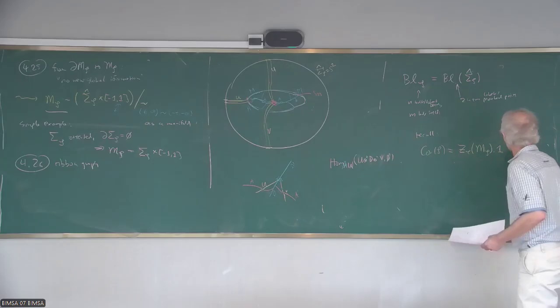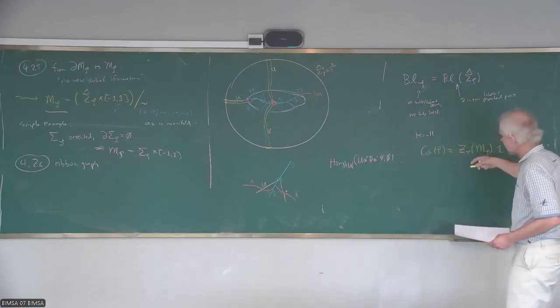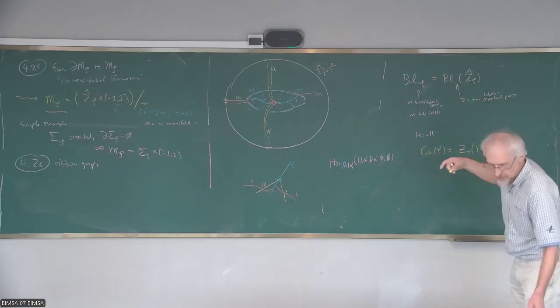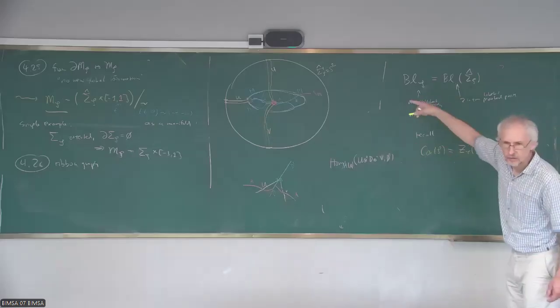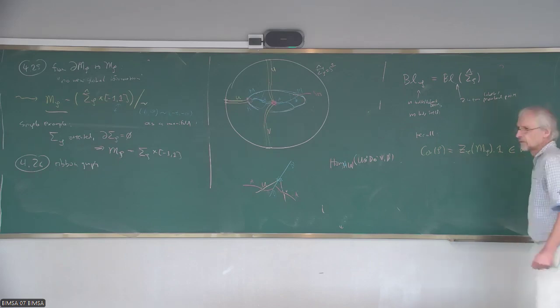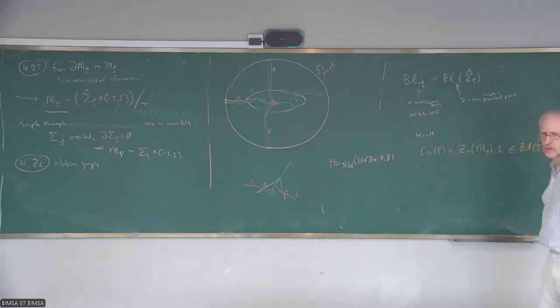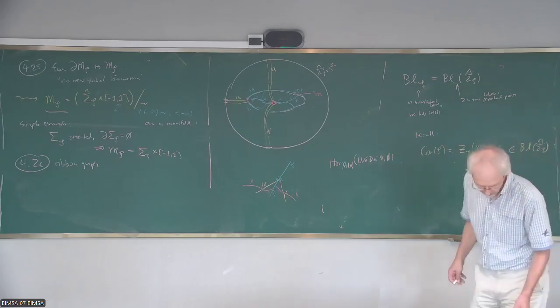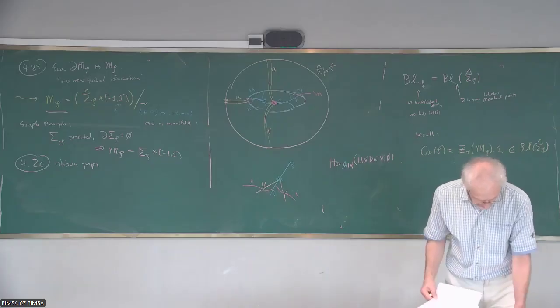And this is, by definition, an element in the TFT state space corresponding to the boundary. So in the space of blocks that I'm considering. This is something which makes sense. It specifies a correlator.